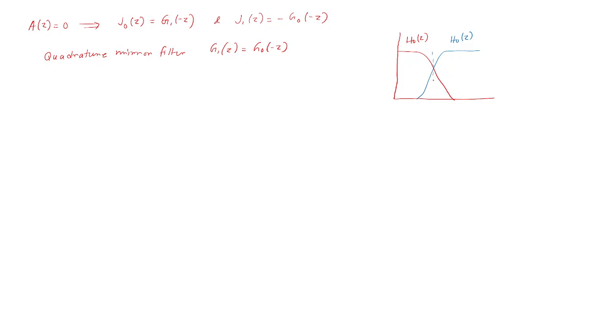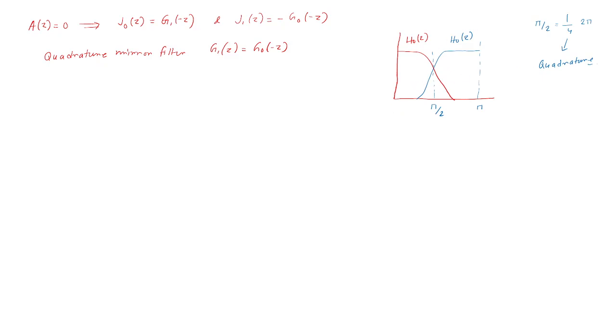And this is symmetric about the frequency pi by 2, since pi by 2 is 1/4 times 2 pi. This is the source of the name quadrature.